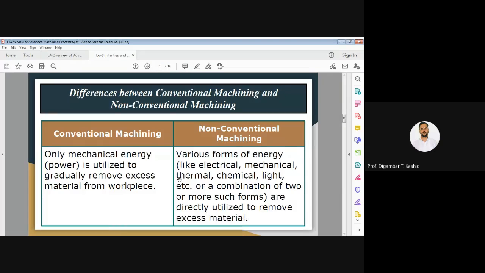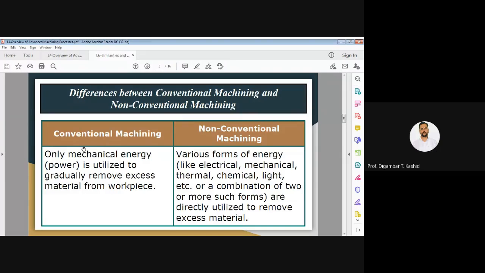In the first column you will get the points about conventional machining, and in the second column the points about non-conventional machining. The first point about conventional machining is that only mechanical energy or mechanical power is utilized to gradually remove excess material from the work. So what does mechanical energy mean?